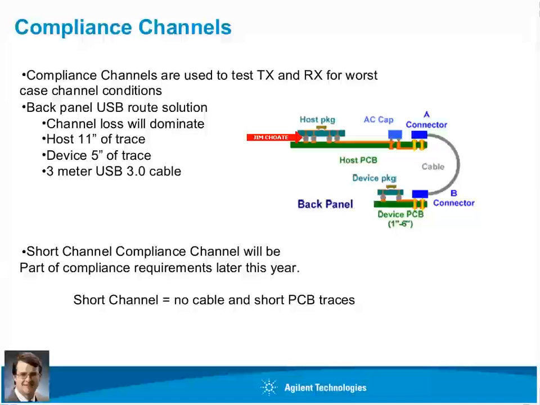So the short channel definition currently being defined is no cable and short PCB traces on both device and host. That's important to test and implement due to the fact that one common product for USB 3.0 now is the flash drive, which has no cable. So we want to make sure that the receiver equalizer functions correctly when it has almost no loss in the channel.